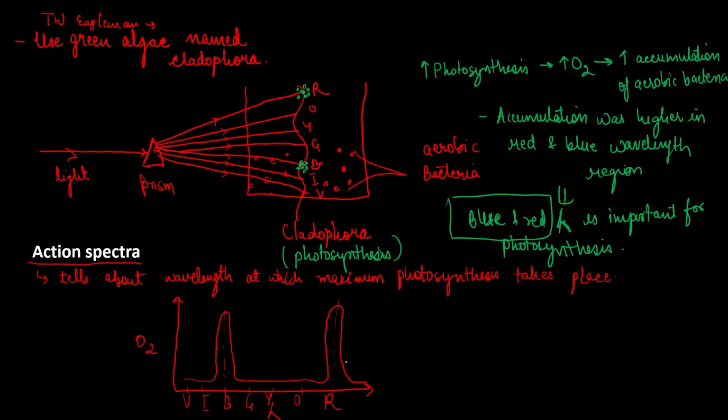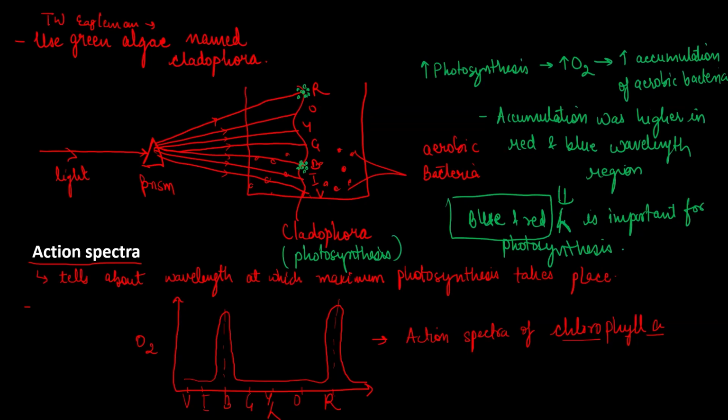So this is the action spectrum of chlorophyll A. Chlorophyll A is a pigment about which we'll study in upcoming slides. If you remember from the last lecture, there are various components required for photosynthesis, among which chlorophyll was one.